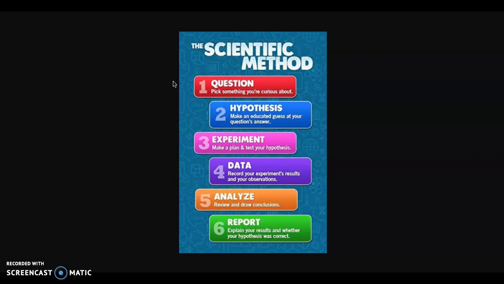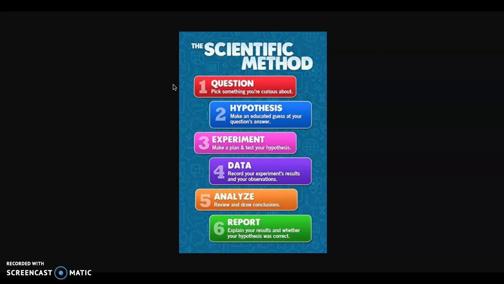Two other important vocabulary words embedded in this question stage, which is the first part of the scientific method, are control and variable. A control of an experiment is part of the experiment that is unchanged. And everything else in the experiment refers back to and is compared to the control. I'll give you an example in a second.